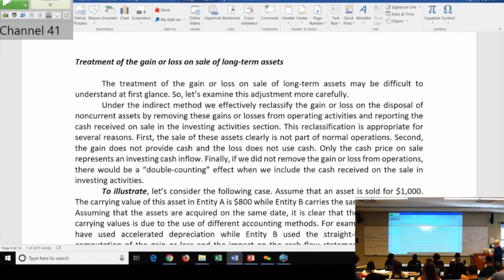Well, first of all, under the indirect method, this paragraph is important in terms of theory, your understanding of the concept. We basically reclassify that gain or loss out of operating activities and put it into investing. So when we look at operations, this is the cash flow statement.